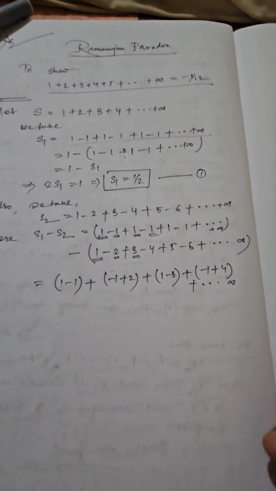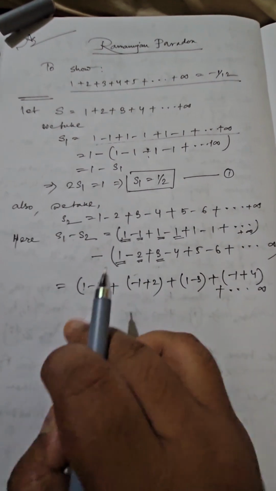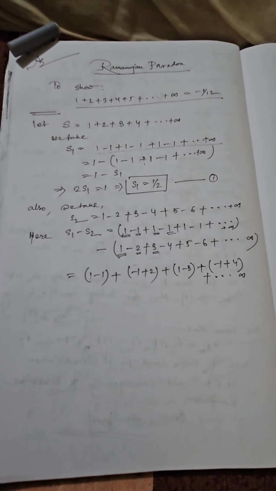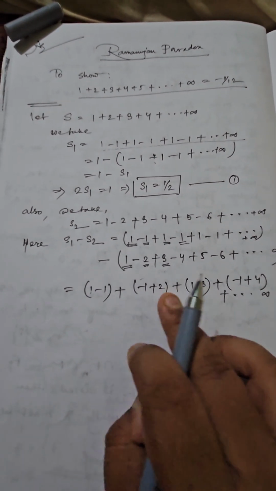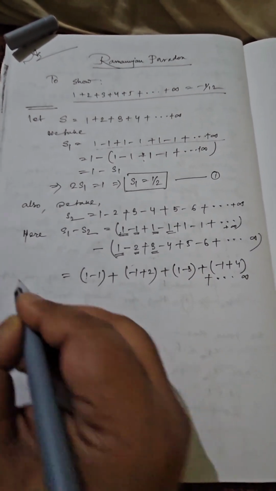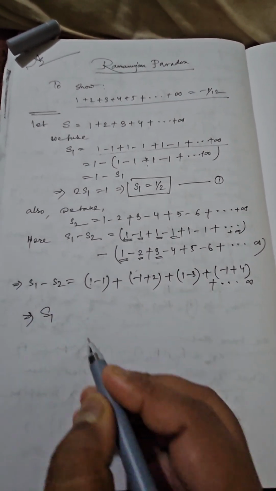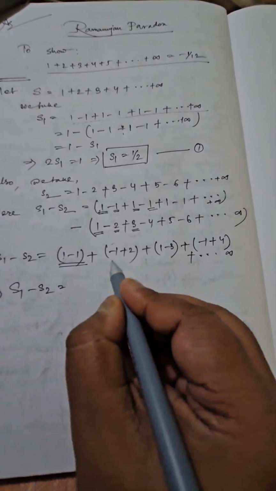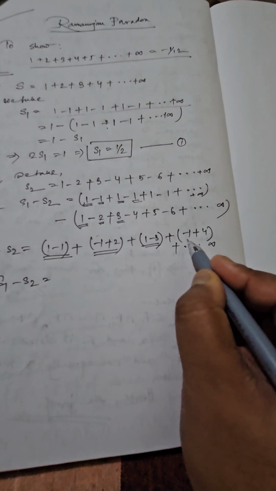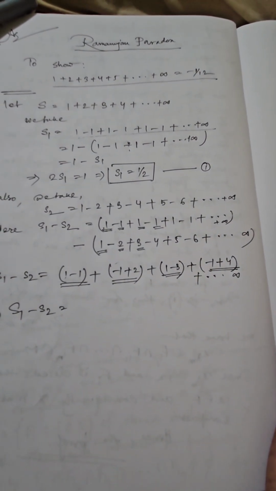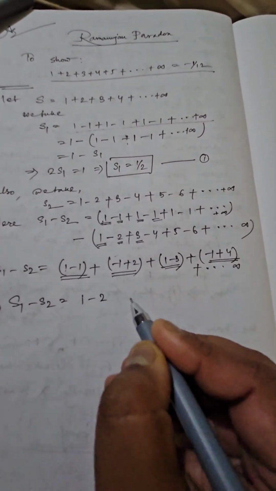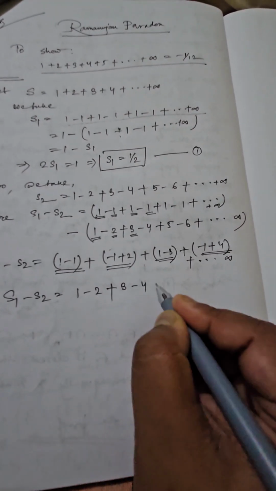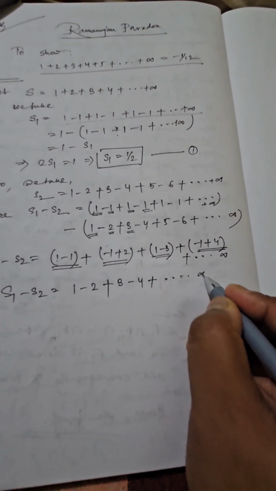Now here also you can see, if we consider this structure, then S1 minus S2 is nothing but this part will be 0, no doubt about that. Then 1 minus 2, then plus 3, the next term will be minus 4 and so on. So we can write 1 minus 2 plus 3 minus 4 and so on.